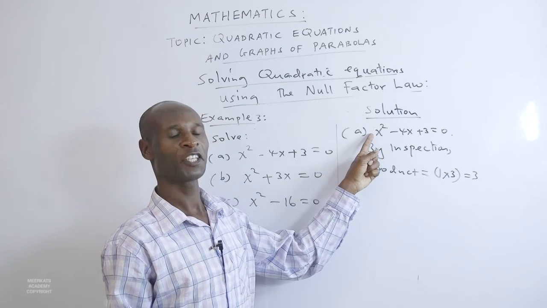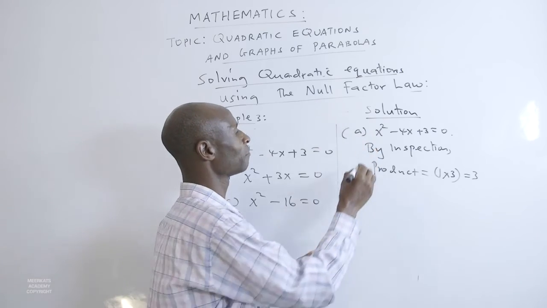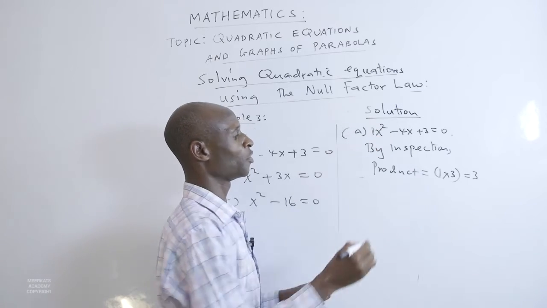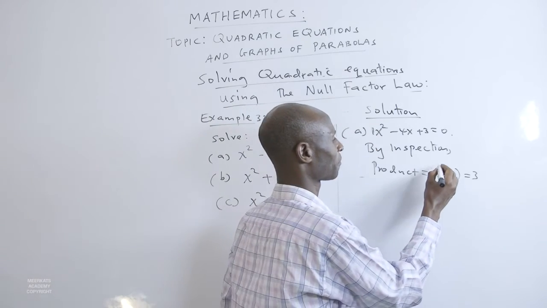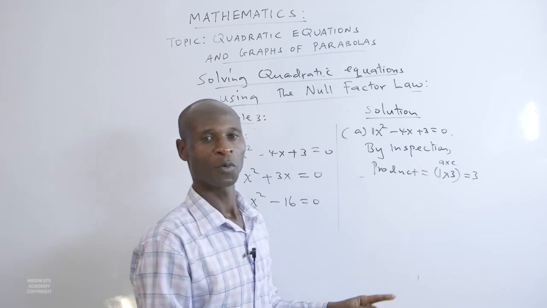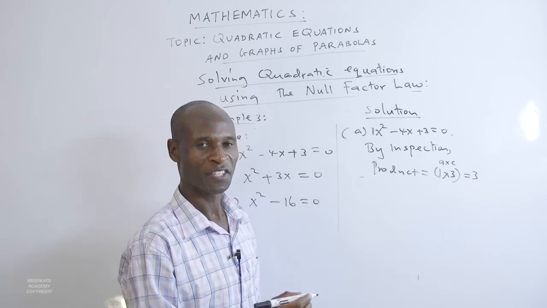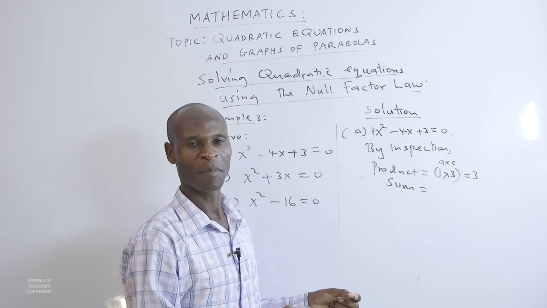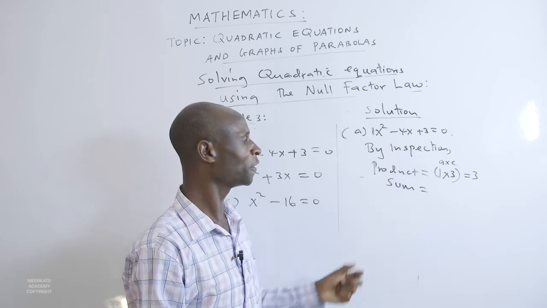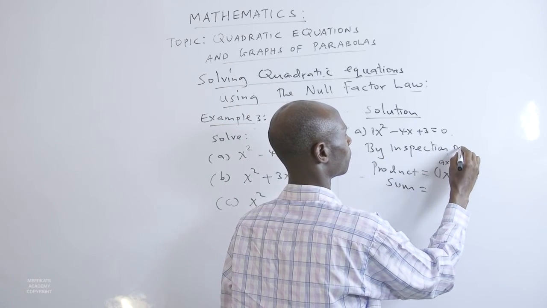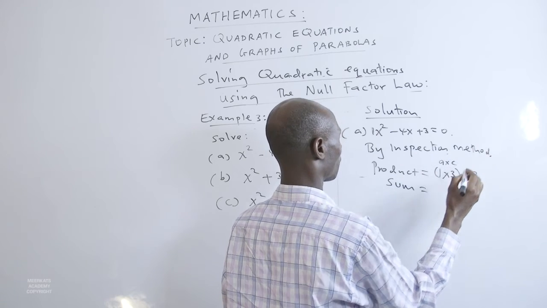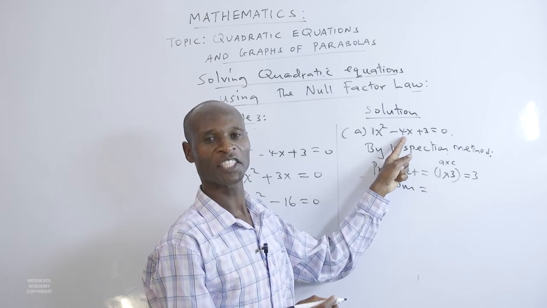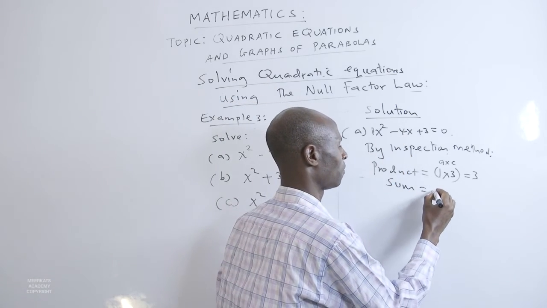That is, we take the coefficient of the quadratic term, in this case 1, and the constant term, which is 3. So in short, we are taking a times c, which gives us positive 3. And the sum, if you add the two numbers you have obtained by trial and error or inspection, we are supposed to get the sum as the coefficient of the linear term, in our case, negative 4.